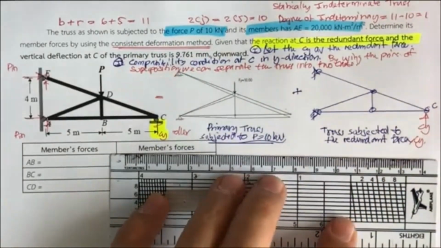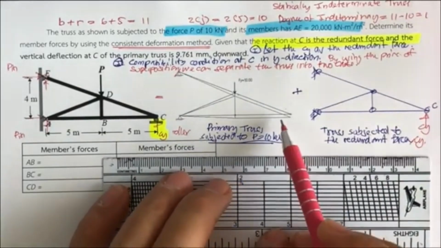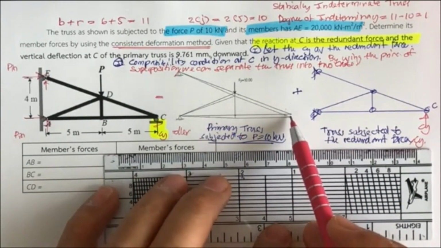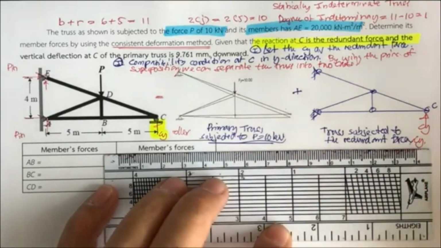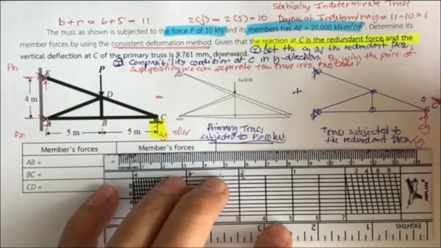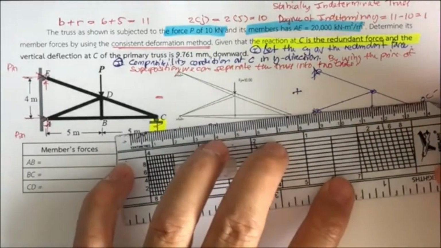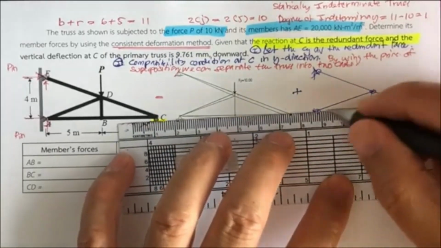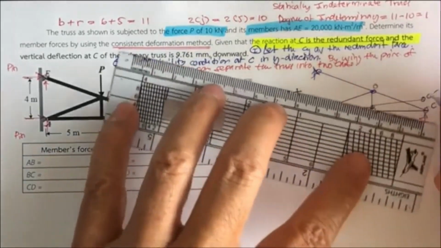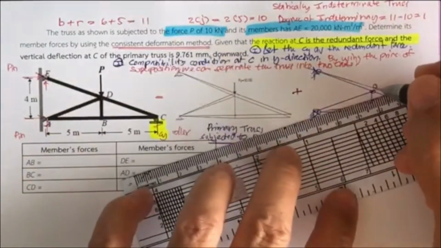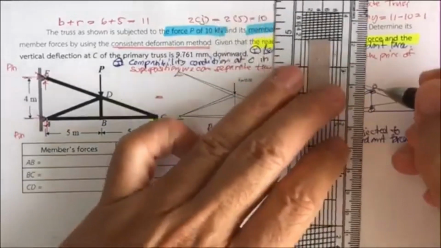Okay, and what happens is, under the application of the force, the primary truss will deform like this, and this point is going to move from C to C prime, and the other truss is supposed to have the deformation upward like this one.